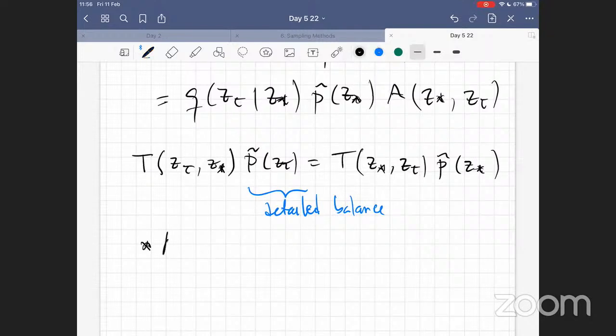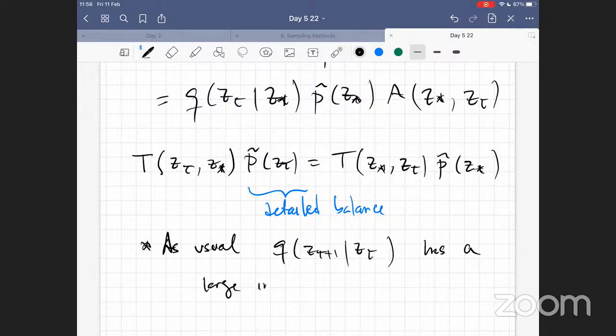So, as usual, this proposal distribution Q of Z tau plus 1 given Z tau has a very large impact on the approximation, on the goodness of the approximation.